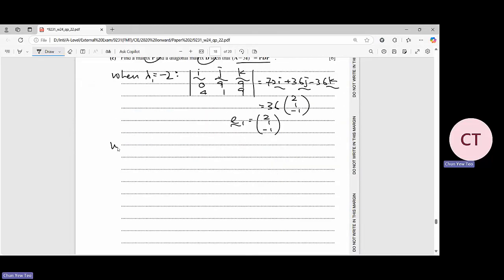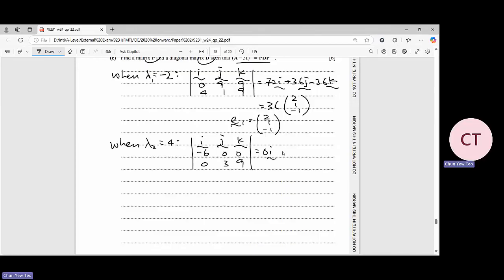Then when lambda 2 is 4, the same thing happens. We just replace the lambda inside, and then select 2 non-parallel vectors. I just do it directly.